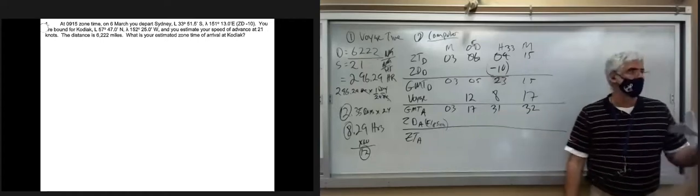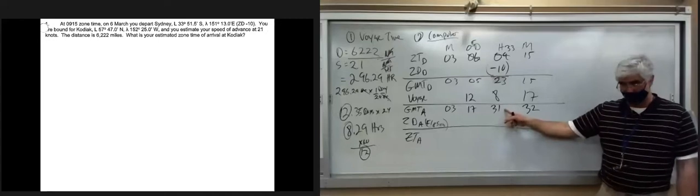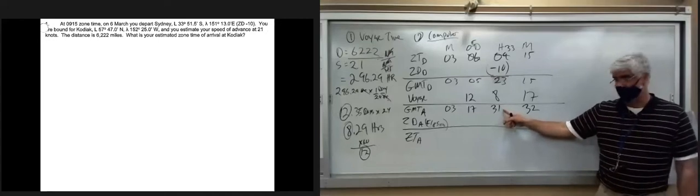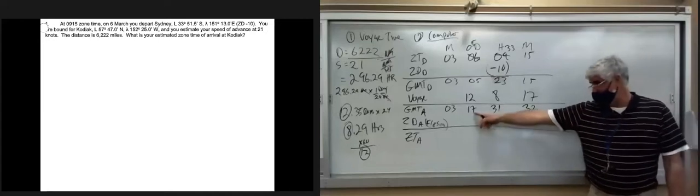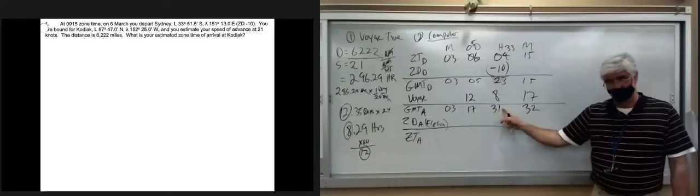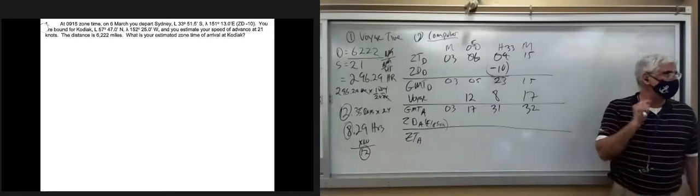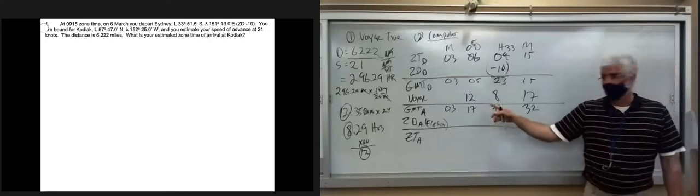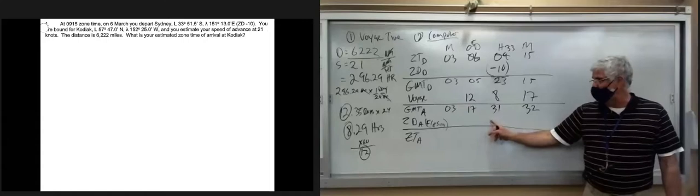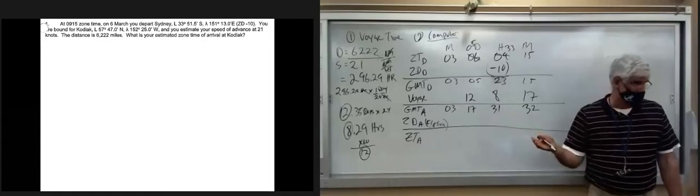Yes, we could subtract 24 from this now, because there's not 31 hours in a day. This would go to 18 and this would go to 7. But if we do that now, when we get to this step here, we're going to have to borrow.